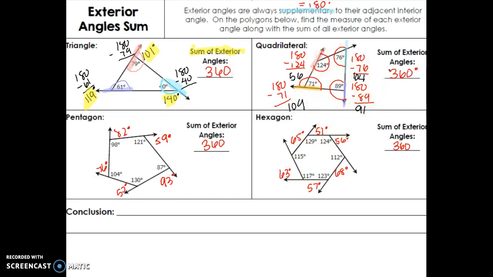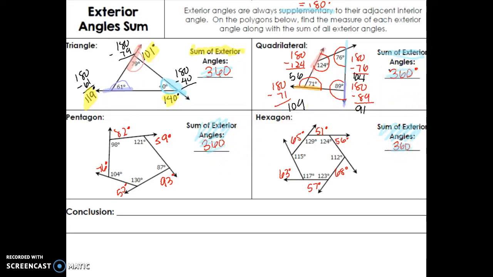One thing that I hope you picked up on is that when we did the sum of exterior angles for all of these, we ended up getting 360 for each and every single one.